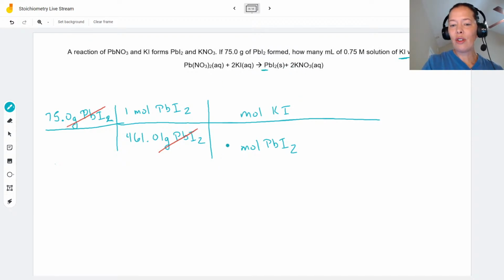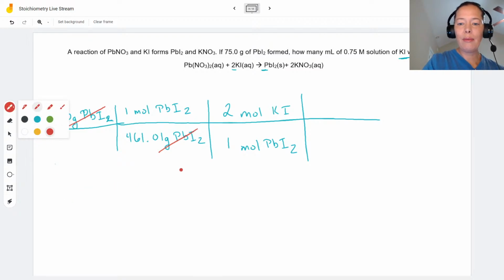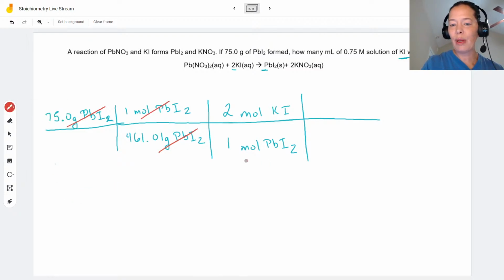Okay, I've got a 1 there in front of lead iodide, and there is a 2 in front of potassium iodide. And that did not really write very well, did it? That's better. Again, making sure things cancel, so my moles of lead iodide cancel. Now I have moles of potassium iodide.